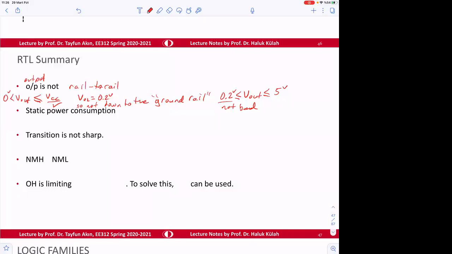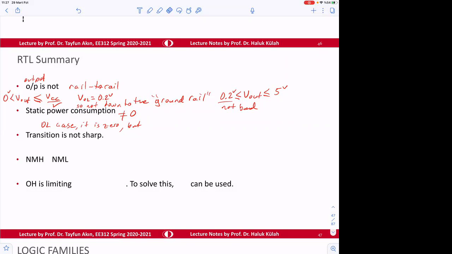So static power consumption is not equal to 0. For output low case, it is 0. But, sorry, for output high case, no load. Okay, it's confusing.